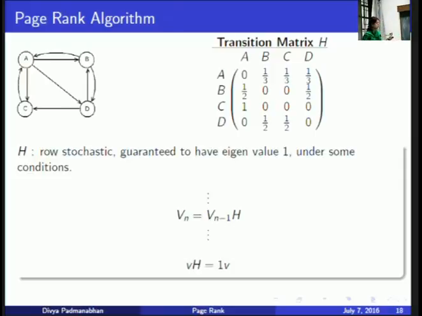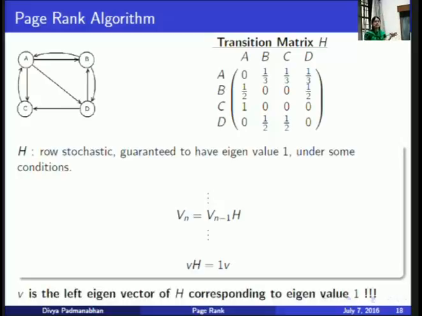So in short, you want to find a vector V such that VH, after doing a transition, gives you back the same vector V. This is guaranteed to happen because it's a row stochastic matrix. It's guaranteed to have an eigenvalue, and there are some more conditions which we'll come to. So how do you get this V? It is the left eigenvector of H. Is this clear to you all?